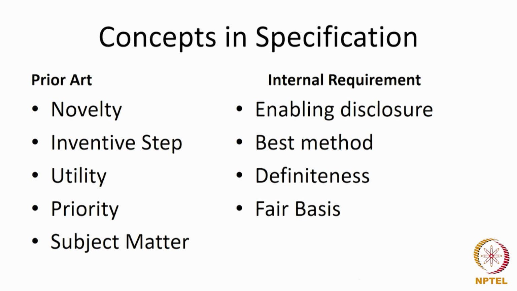So if there is a claim which incorporates an element or a part which is not disclosed or explained in the descriptive part, then we say the claim is not fairly based on the description. So the claims have to come from the description.